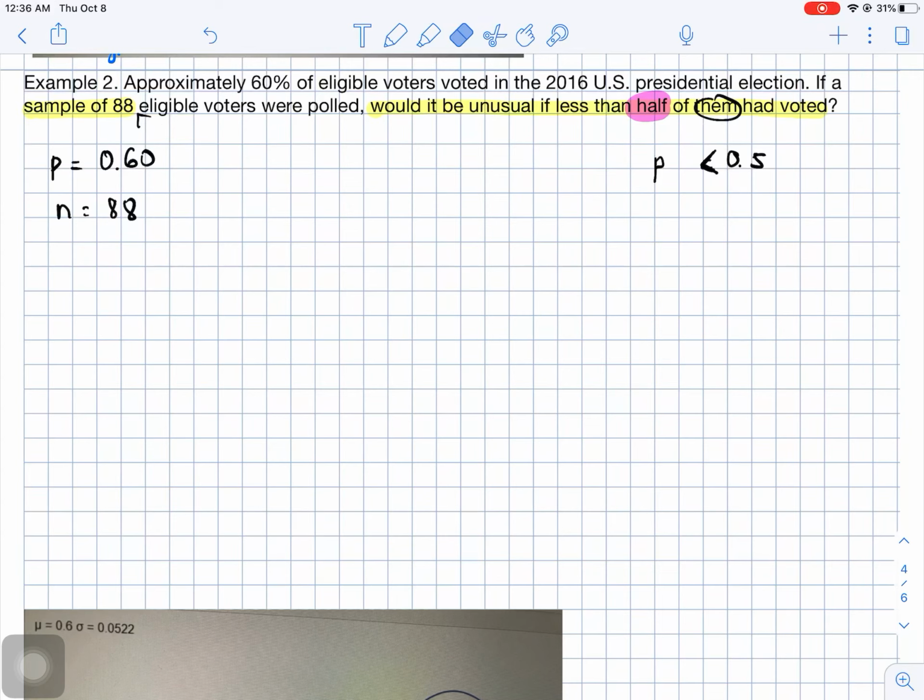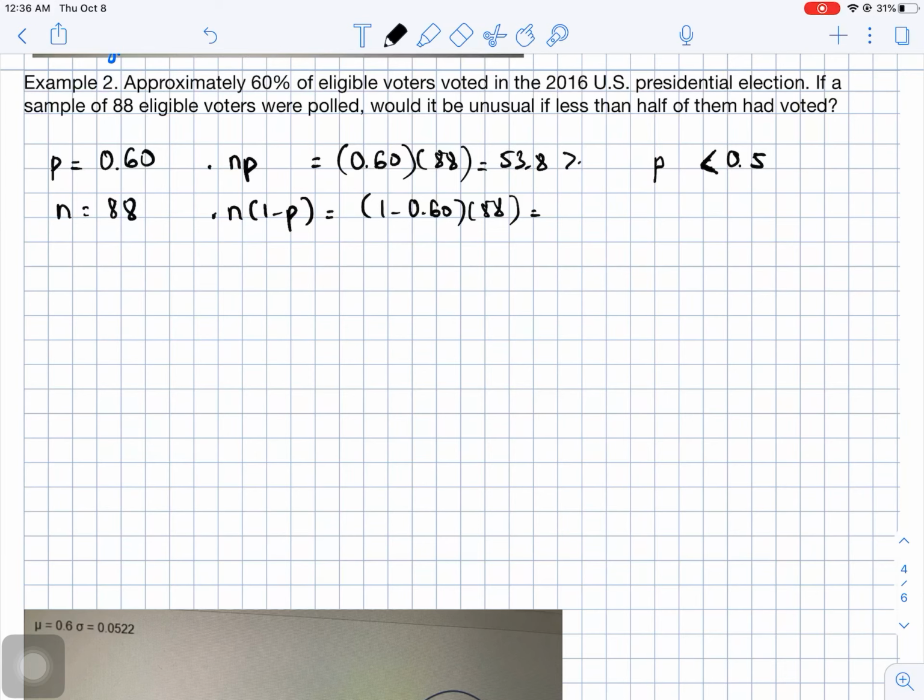So in this problem, we will use the central limit theorem for proportions. It is proportion because there's a word half in the question. Just like before, we will check the condition to see if it's okay for us to use the central limit theorem. So we check n times p and n times 1 minus p. 0.60 times 88 and 1 minus 0.60 times 88.